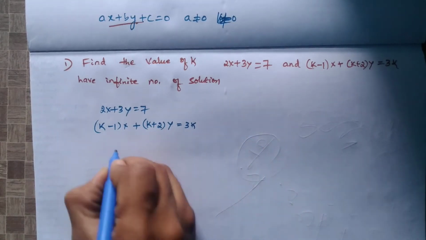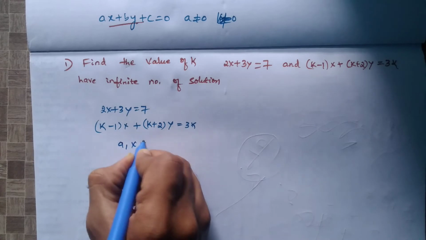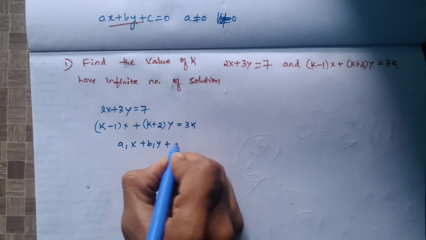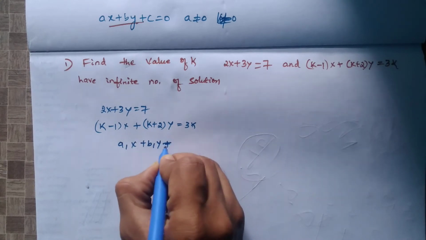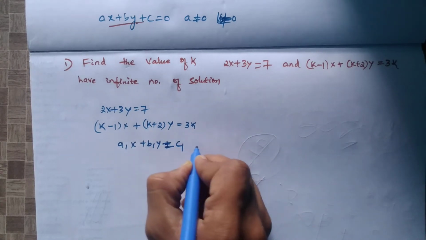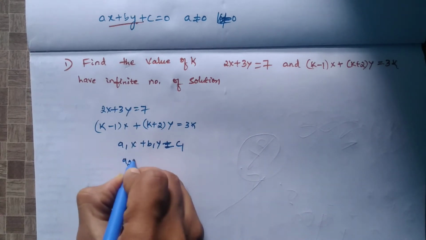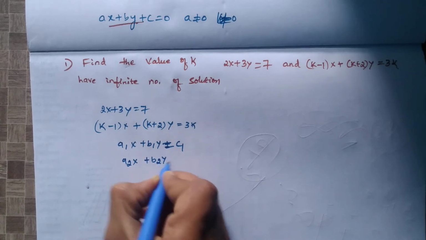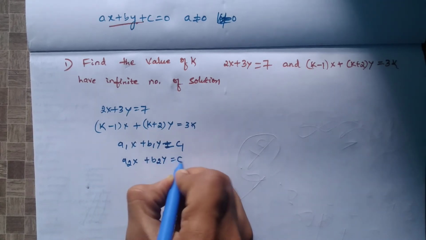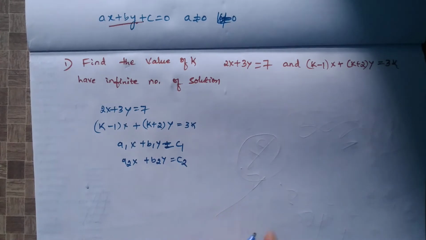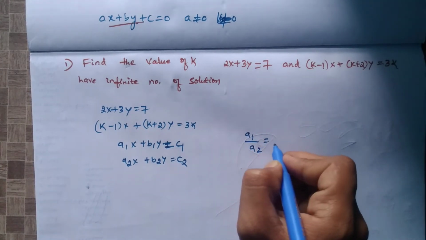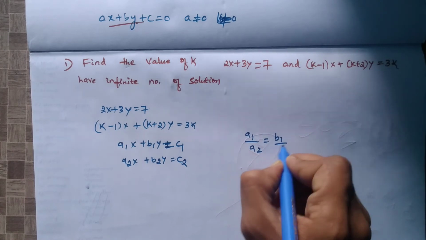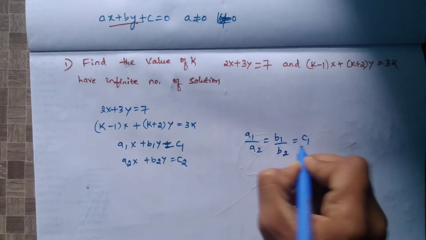The equations are a1x + b1y = c1 and a2x + b2y = c2, and the condition is a1/a2 = b1/b2 = c1/c2.